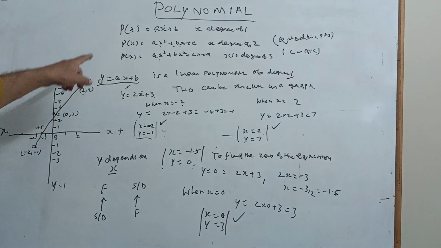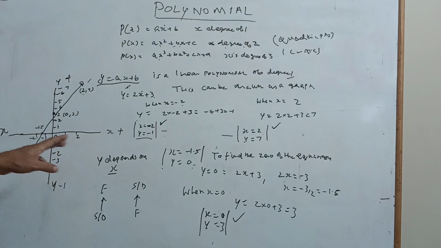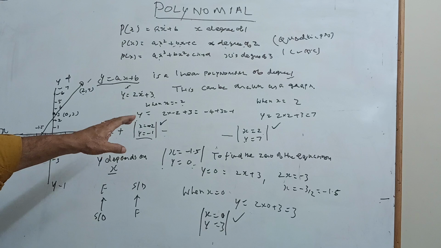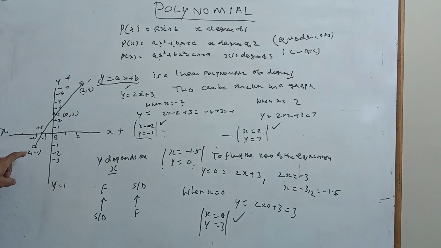You try to do it on graph paper, because this is given in the CBSE textbook. Take a graph paper and join minus 2, minus 1 to 2, 7.